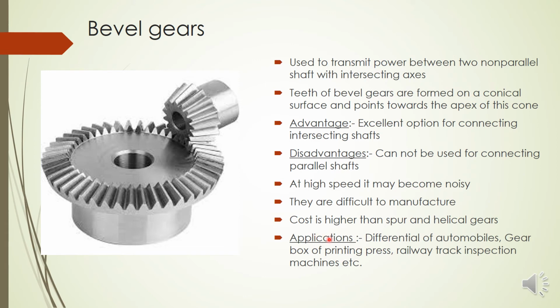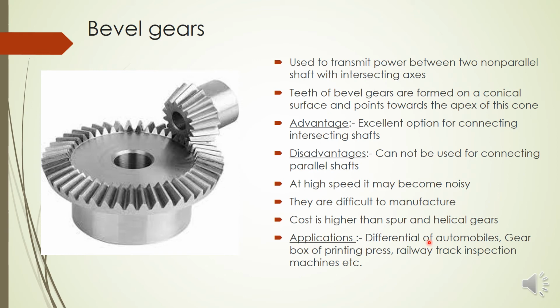And the main application of bevel gear, you have to note, is the differential of an automobile. So what do we mean by the differential of an automobile? Most automobiles have a differential gear. The differential gear is used for turning a curve. When the vehicle turns a curve, its inner wheel has to move less distance compared to the outer wheel.